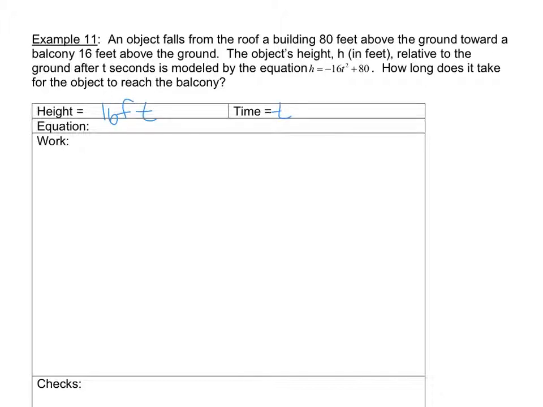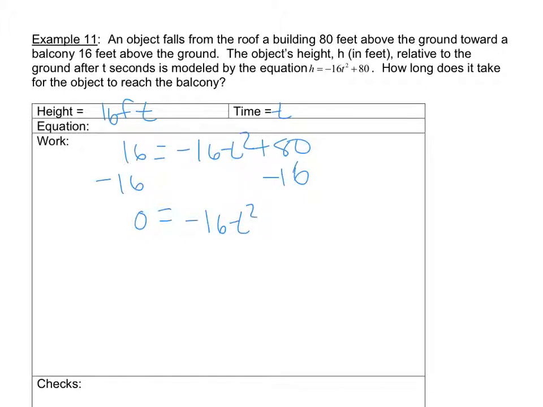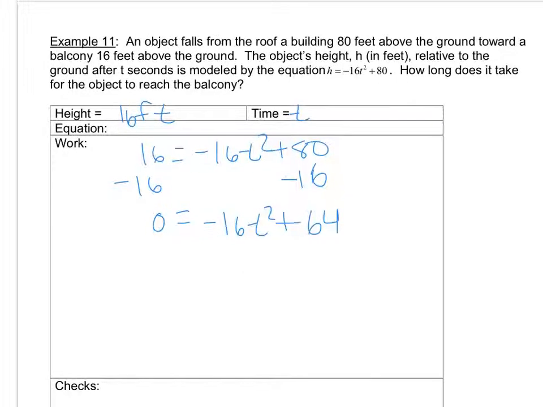T is time, so you have 16 equals negative 16 t squared plus 80. Subtract the 16. You get negative 16 t squared plus 64. So now I got to solve for t.